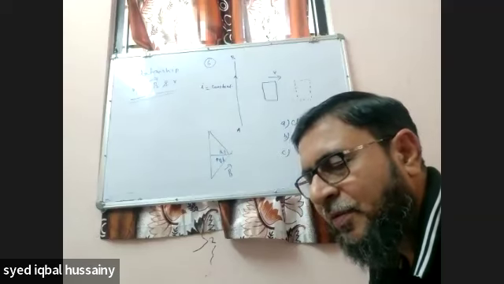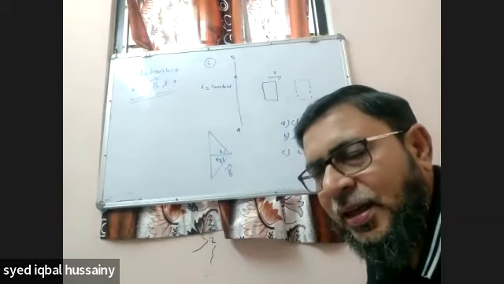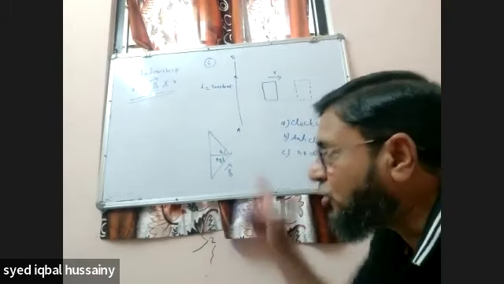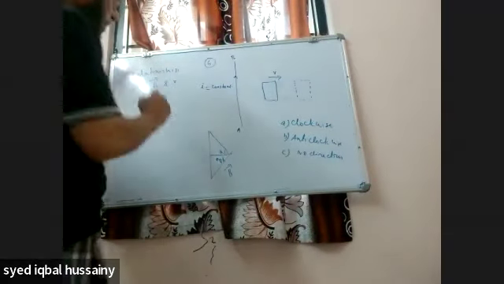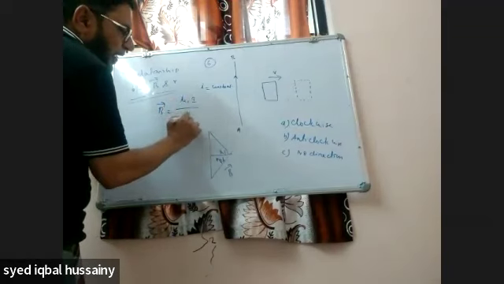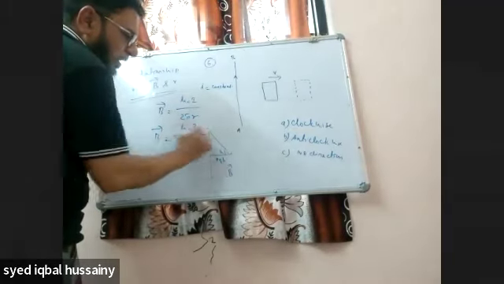If you substitute, B vector equals mu naught I by 2 pi r. Whether it is mu naught I by 4 pi r or mu naught I by 2 pi r, we want the relationship between magnetic field and distance. So B vector is equal to mu naught I by 2 pi r, or you can say B vector is equal to mu naught I by 4 pi r.